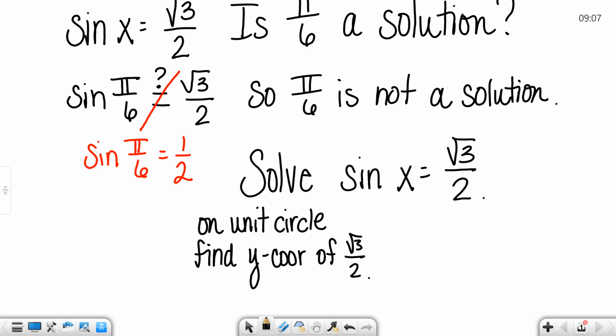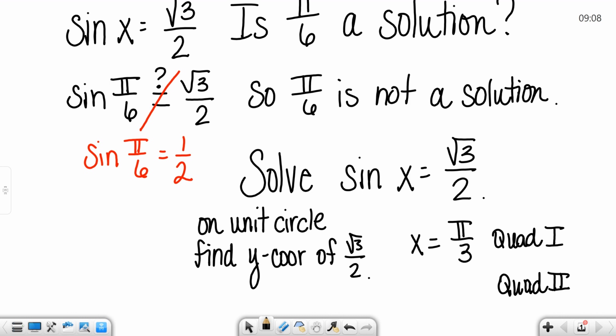So if you're looking at your unit circle, we end up with a y coordinate of the square root of 3 over 2 at the x value of pi over 3. That's in quadrant 1. Well, there is also a value for the y coordinate square root of 3 over 2 in quadrant 2. So where would that be if it's in quadrant 2?